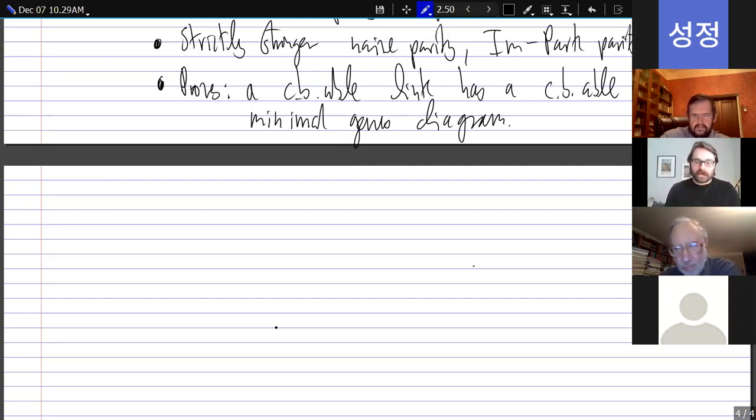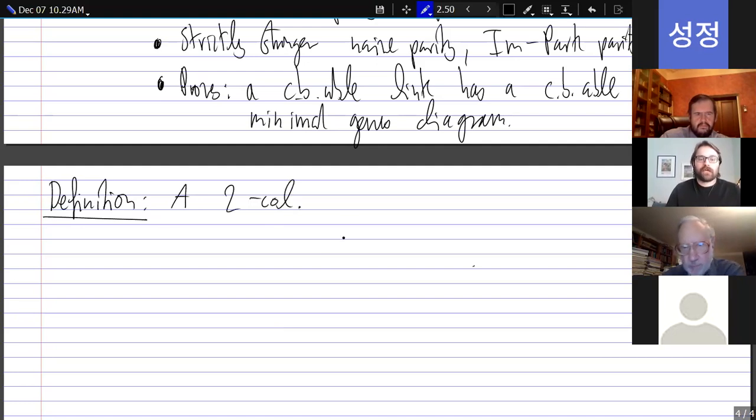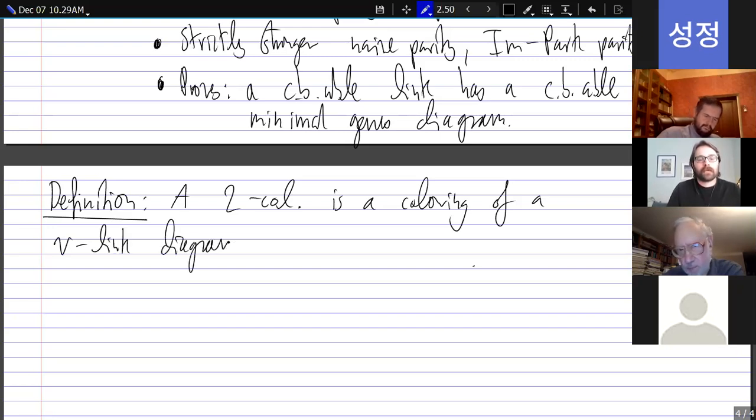And for the remainder of my time, I'd like to sketch the definition and the construction. So here's the definition of the two-color parity. A two-coloring, maybe I'll just call it two-color for now, is a coloring of a virtual link diagram of the following form.